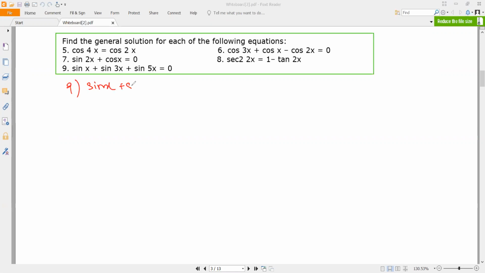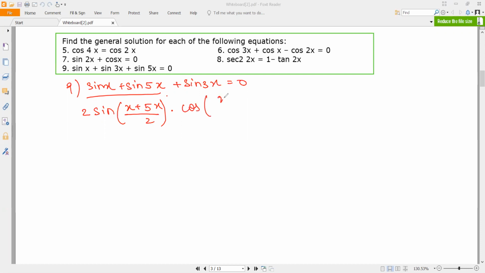Sin x plus sin 5x, I am interchanging the second and third term, and applying sin A plus sin B here. So it is 2 sin of (A plus B) by 2, that is x plus 5x divided by 2, into cos of (A minus B) by 2, which is x minus 5x divided by 2, plus sin 3x is equal to 0.